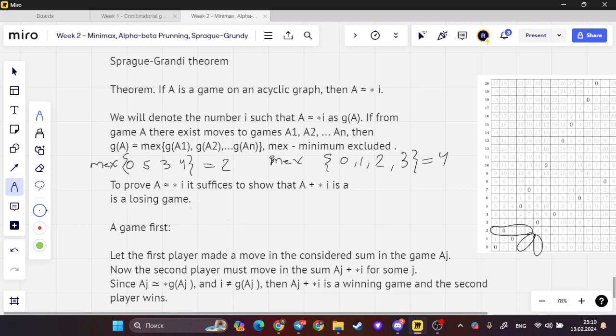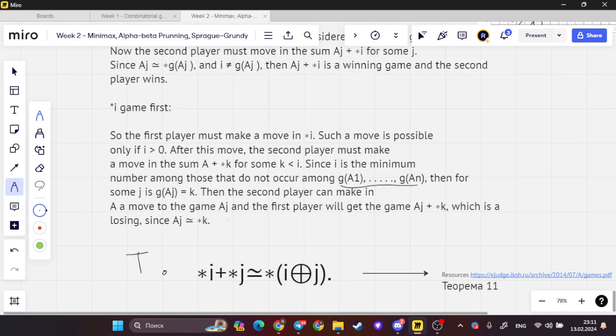That means all values less than this value are in the set.